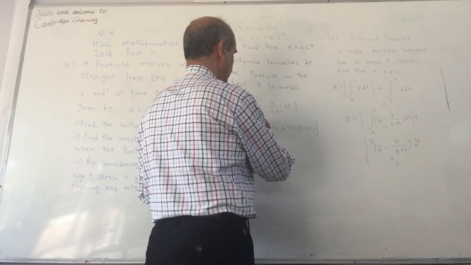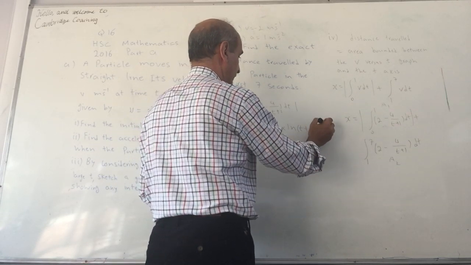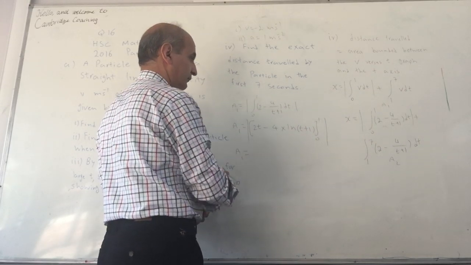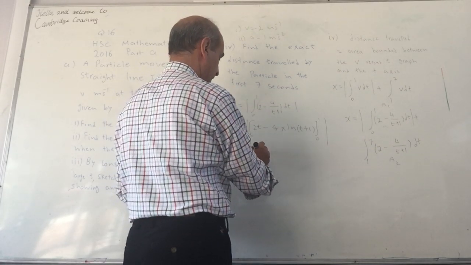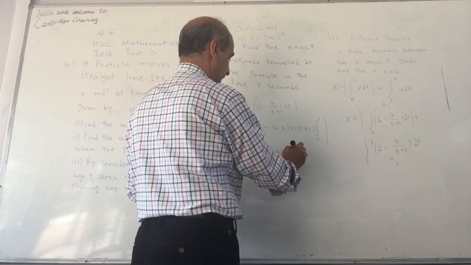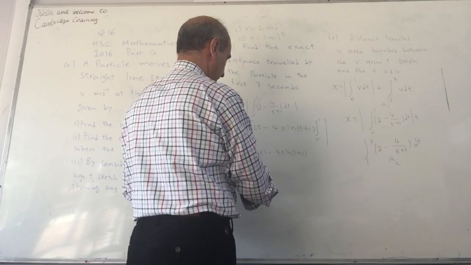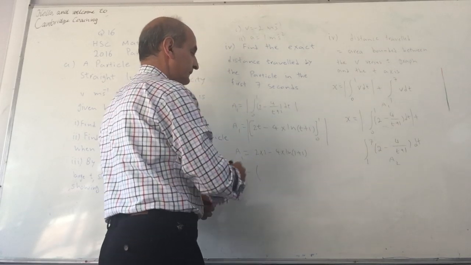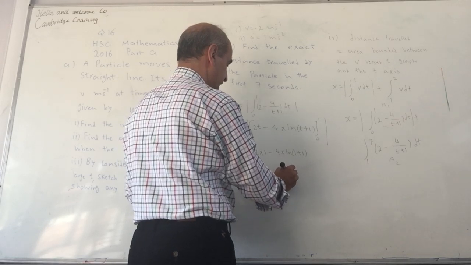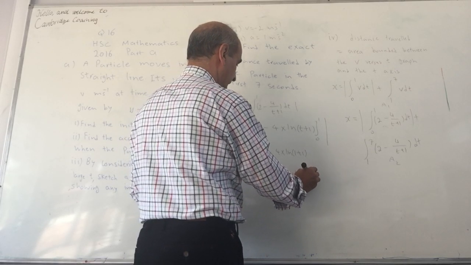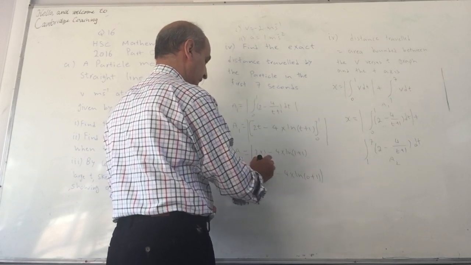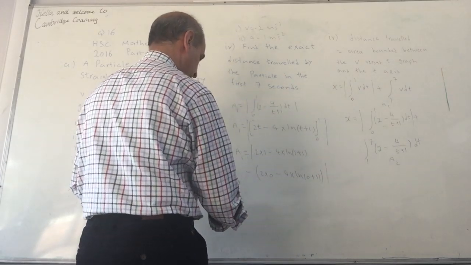And that goes from 0 to 1, and of course, the absolute value. So A1 is equal to, if I sub in 1, 2 times 1 minus 4 ln of 1 plus 1. Then minus, if I sub in 0, 2 times 0 minus 4 ln of 0 plus 1. And remember again, we're talking about the absolute value.